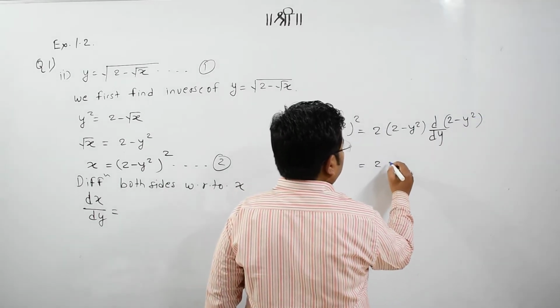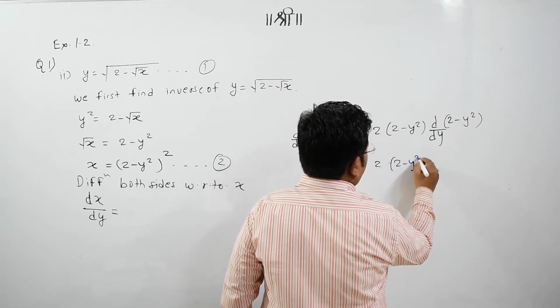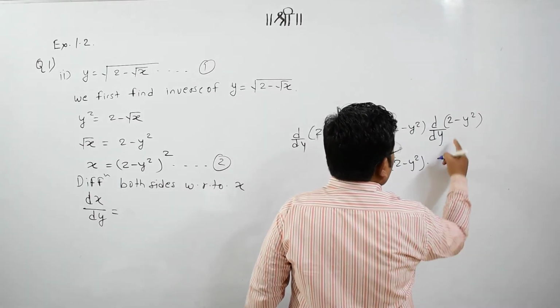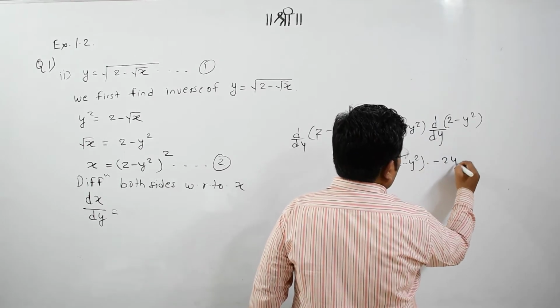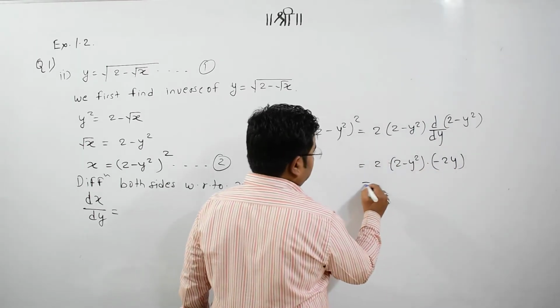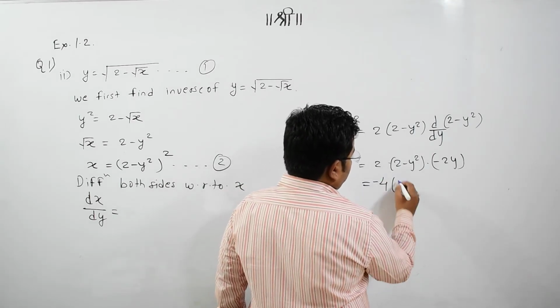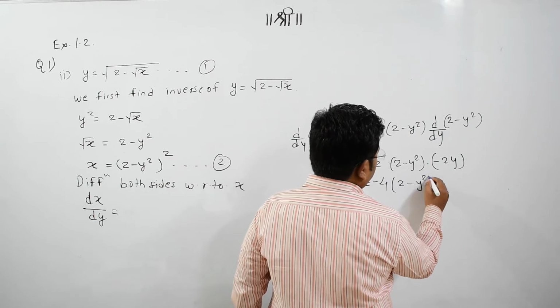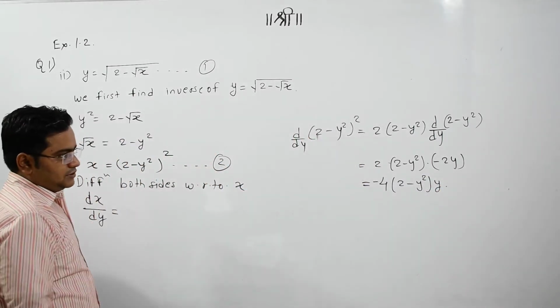So 2 into 2 minus y square into the differentiation of this, which will be 0 minus 2y. Multiplication will give you minus 4 into 2 minus y square into y. Hope I am clear up to this step.